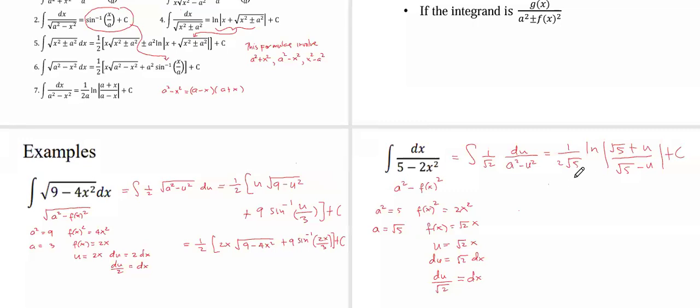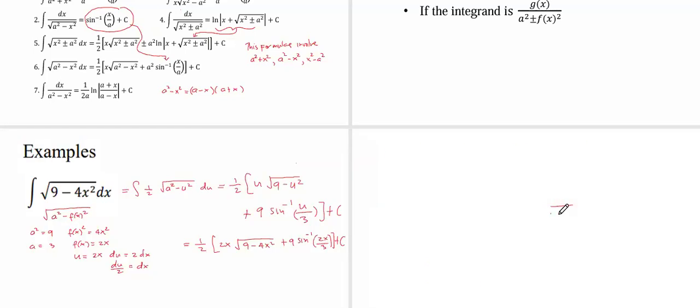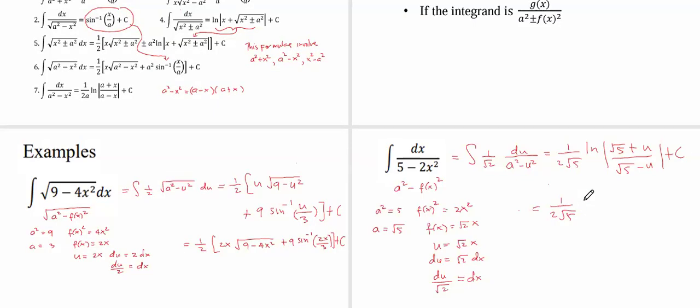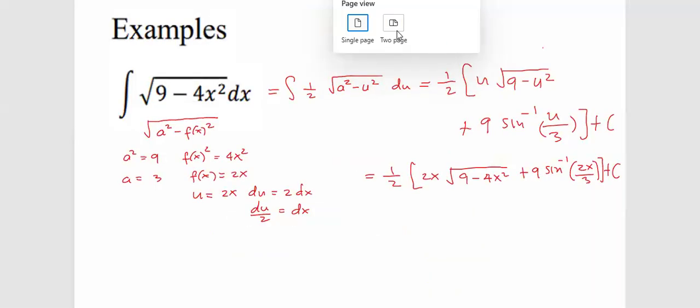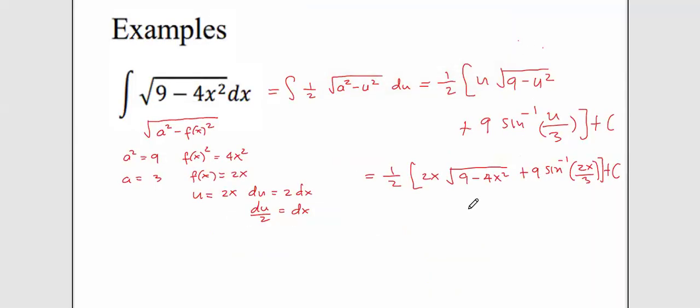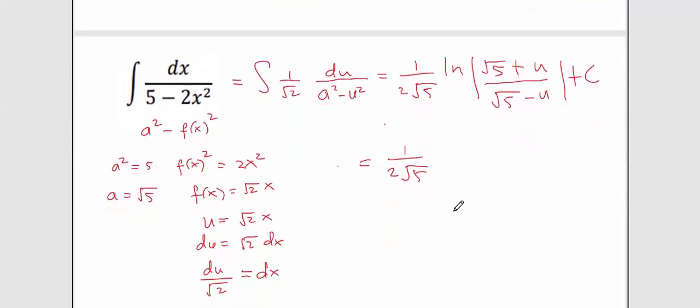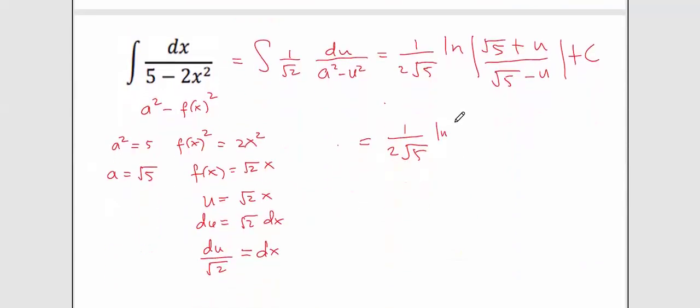So, 1 over 2a, so 1 over 2 square root of 5, ln square root of 5 plus u, and then square root of 5 minus u. So, the final answer is 1 over 2 square root of 5, and then ln, absolute value, square root of 5 plus, ano yung u natin?